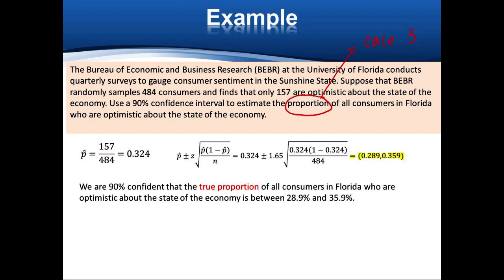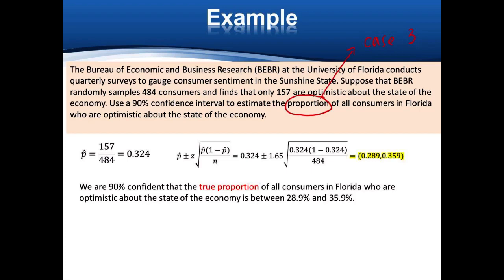So here x is 157, those who are optimistic about the state of the economy, and n is the total number, 484. So we can calculate p-hat first. It equals 0.324. And then we apply the formula.